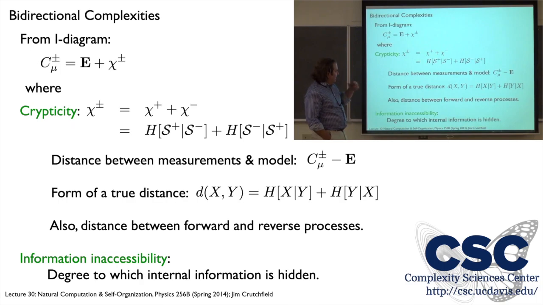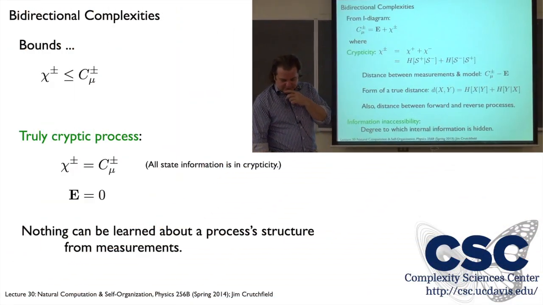So that's curious. This bidirectional crypticity is really a distance between the forward and reverse state processes. So maybe there's a little more structure in this problem. We actually have a metric. That's nice. We're in some space that has a well-defined notion of distance. But generally, of course, crypticity is a measure of information accessibility, how hidden a process is.